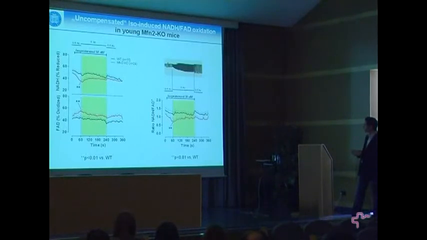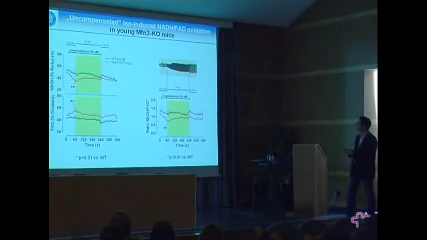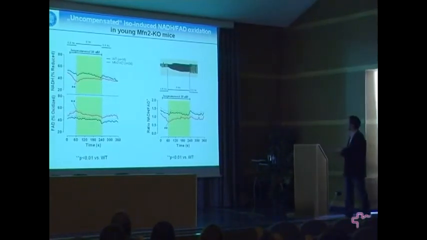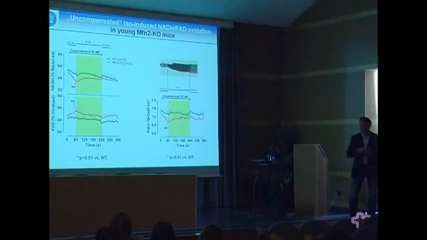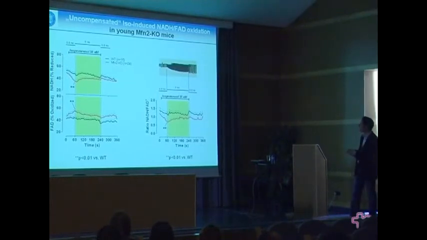But when looking at the bioenergetic response in terms of NADH and FAD, we observed that in the mitofusin knockouts there was an initial oxidation of this redox state, which could be explained by isoproterenol inducing a positive inotropic effect that increases ADP, which accelerates respiration and oxidizes NADH.